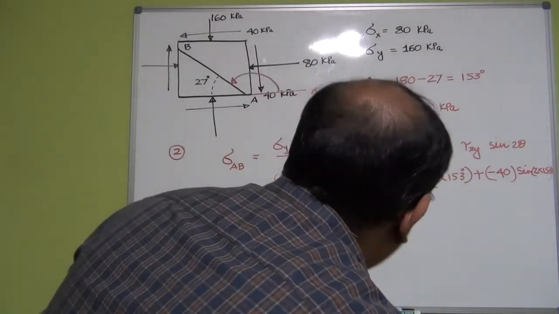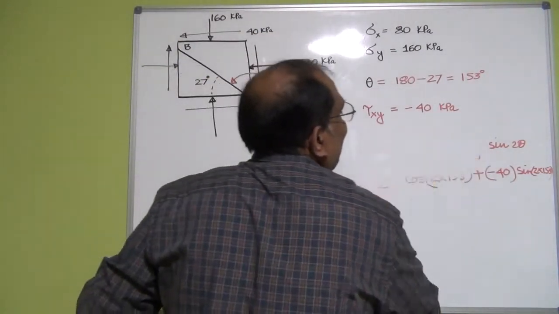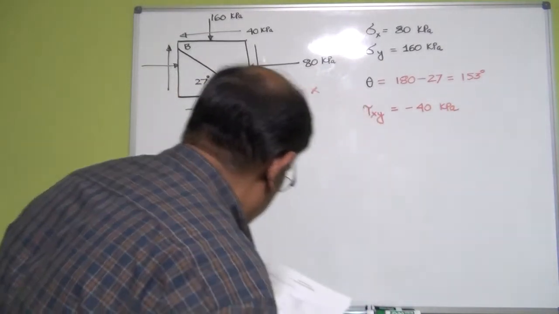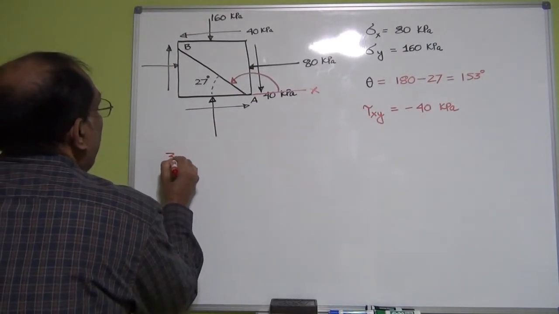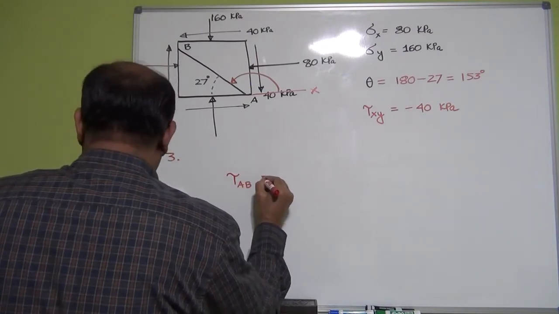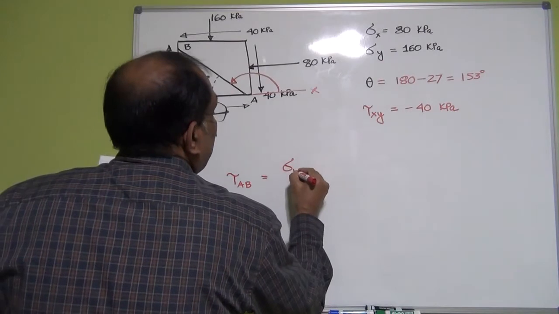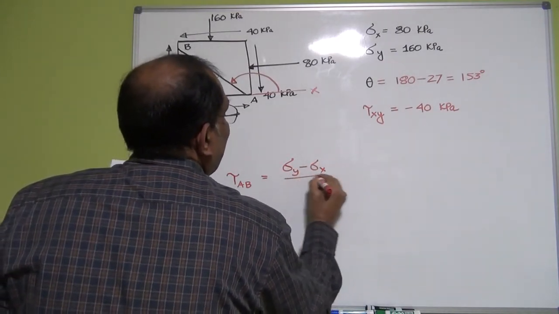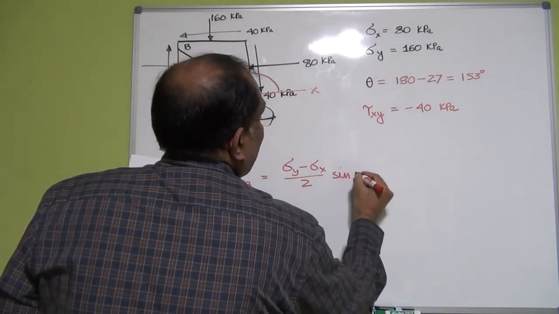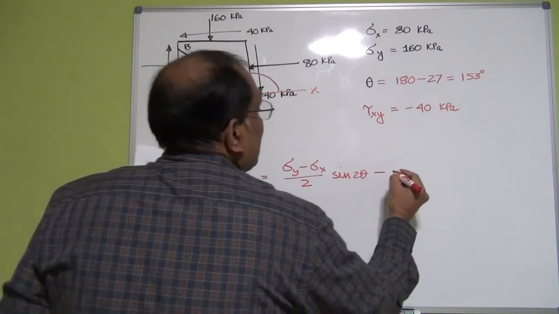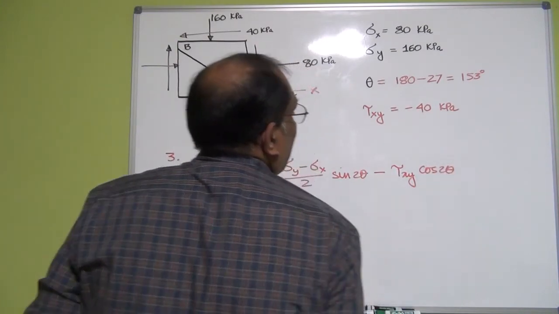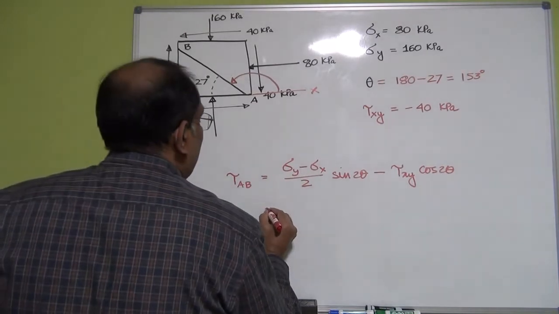So for 3, your shear stress at plane AB would be equal to sigma y minus sigma x divided by 2 sine twice theta minus tau xy cosine twice theta.